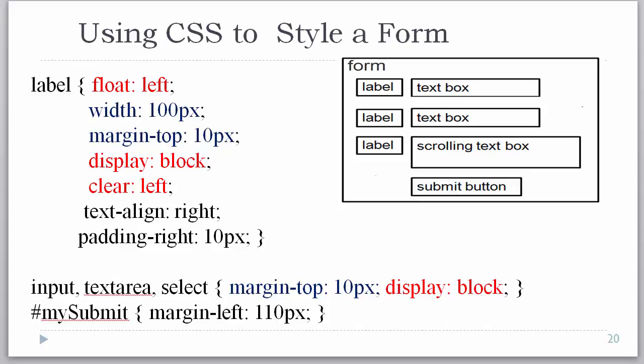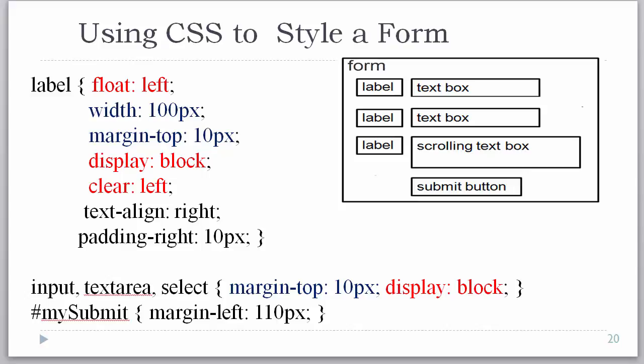In order to float the text boxes, the label would have a display block. It would also have a float left on it. Here again, we would put widths to line up the columns, and possibly some other margins or paddings.